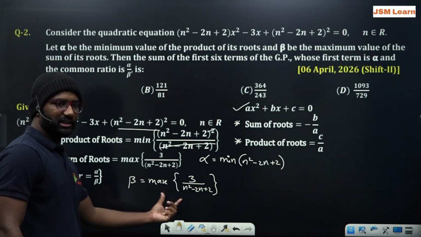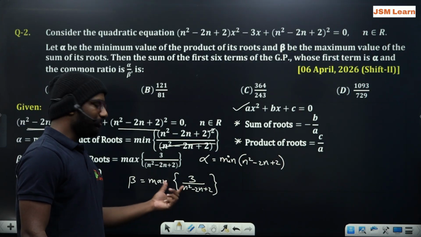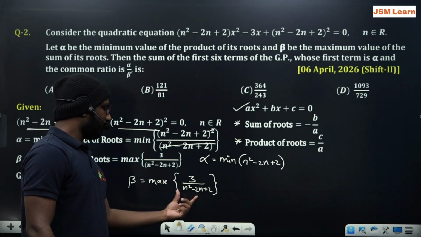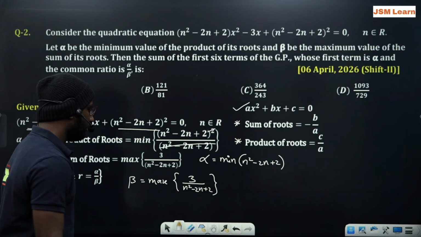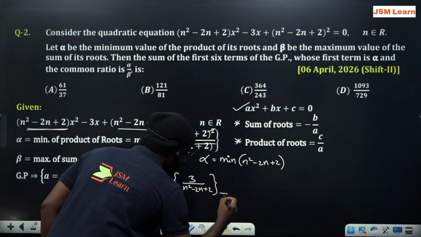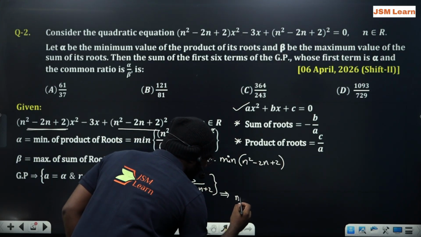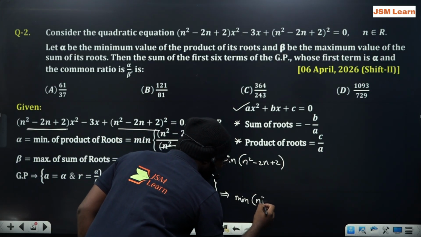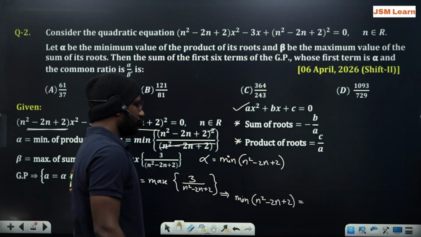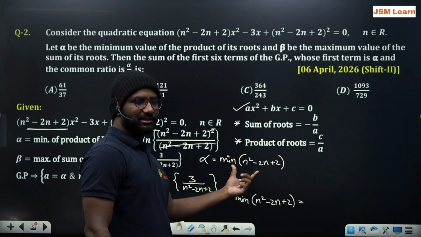So in this function we are going to find the maximum value of a constant divided by a varying function. For this we can write that the maximum value is attained at the minimum value of the denominator function. So here also we are finding the same, right?